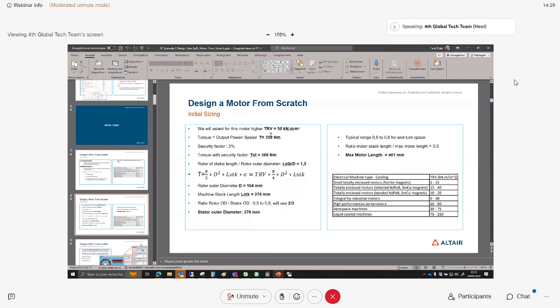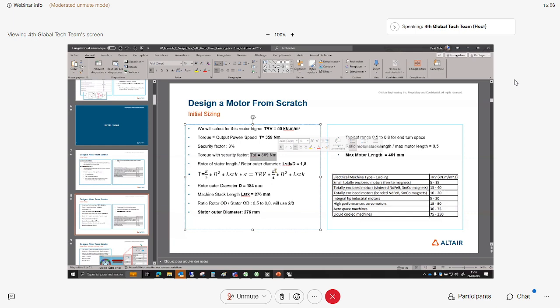Then I take a security factor of 3%, because 3% is due to all the assumptions we are going to make, and to cover some simulation or computation error. 3 to 5% is okay. So with this security factor, we are going to have this torque.